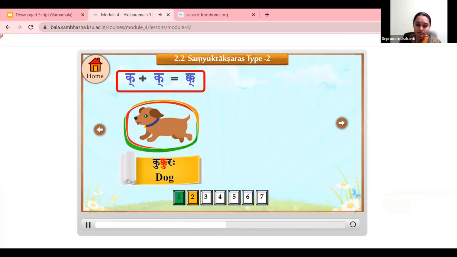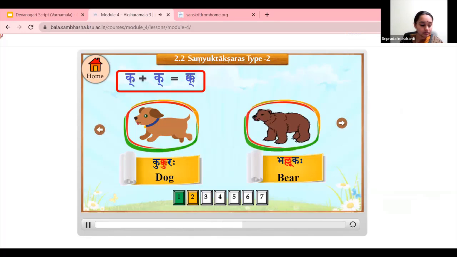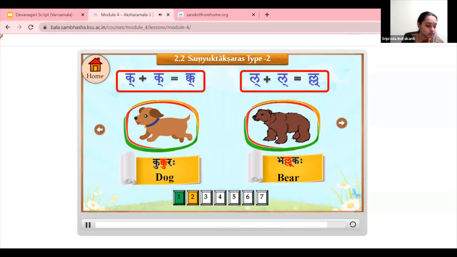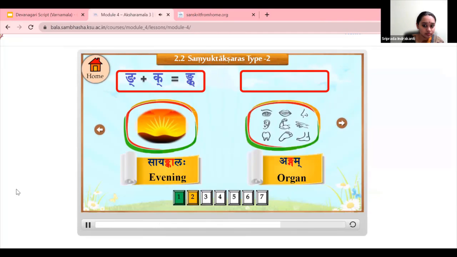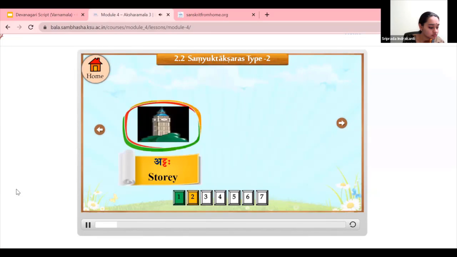Similarly, in bhallukaha. L plus L is L. The second L is written below the first. Sayamkalaha. Ng plus K. Ng. Angam. Ng plus G. Ng. Attaha.